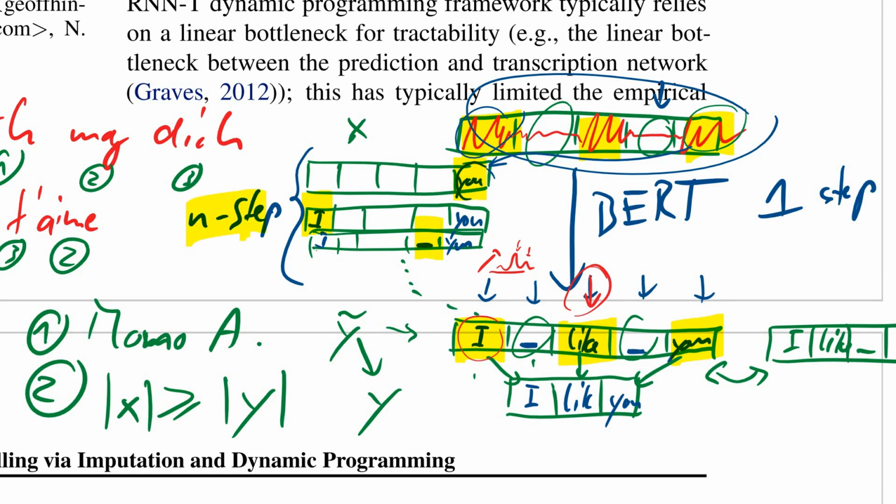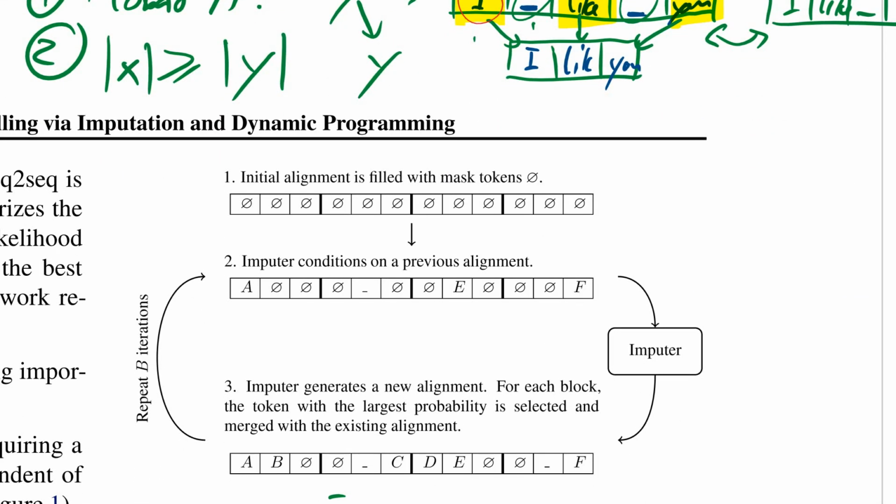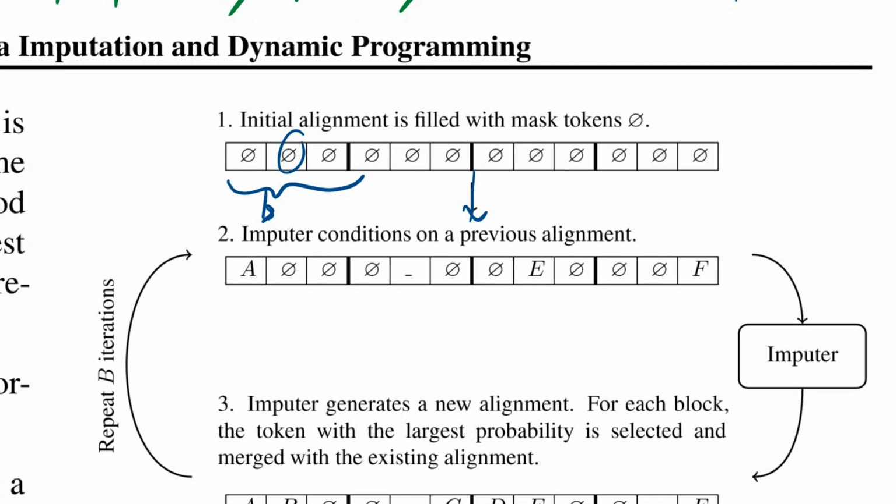The Imputer does something in the middle of this. The Imputer will, as you can see here, form this into blocks, right? Blocks of size b. And this is the empty symbol here. And what it will do is it will make a step where, for each block, conditioned on the previous alignment and conditioned on the input, it will decode whatever it feels it is most certain about in each block.